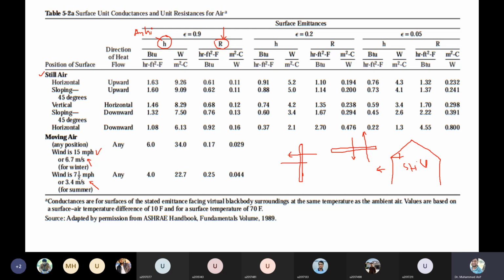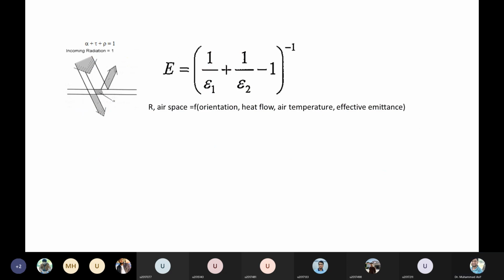So by using Table 5.2, you can directly find the value of the resistance because of the convection. That convection could be inside the room or outside of the wall or outside of the roof, right?